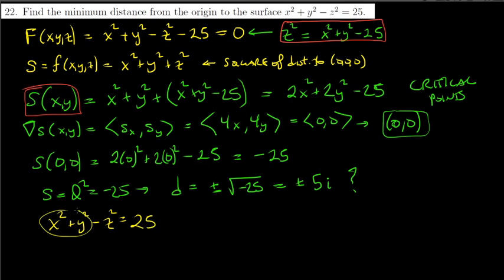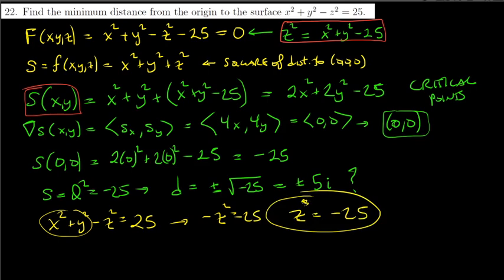So if x and y are both 0, you get that negative z squared equals 25, or z squared is negative 25. And again, this has no real solutions. These only have imaginary solutions, so yeah, you get z is plus or minus 5i, which is equally ridiculous, right?